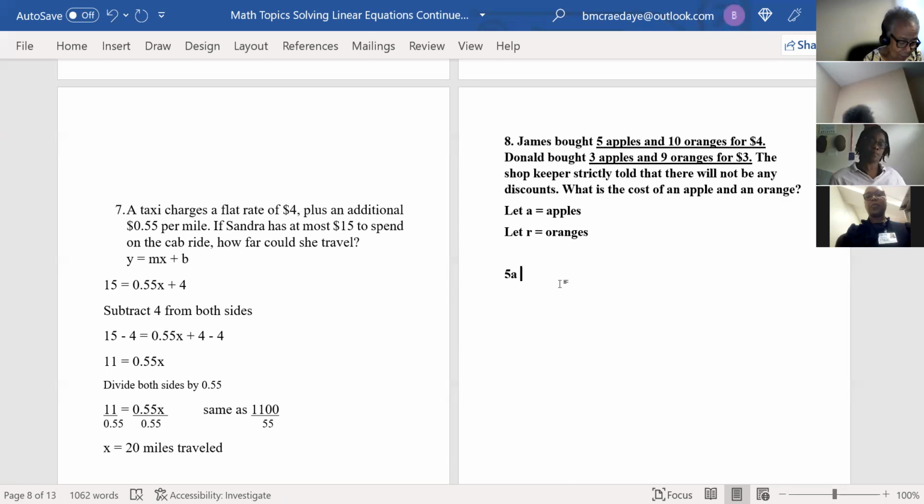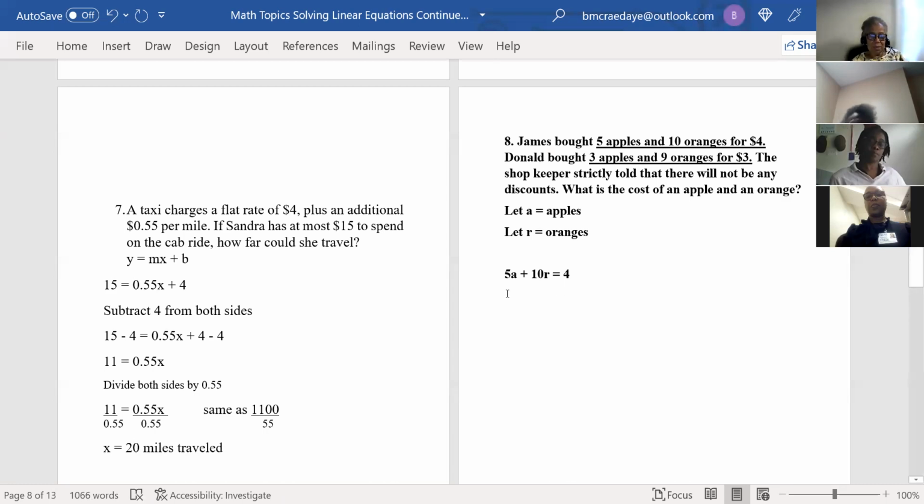So how many oranges? James, we're talking 10. So we used R for oranges, so that would be 10R. And what is that equal to? What did that cost? $4, right? So we got our first equation for James.